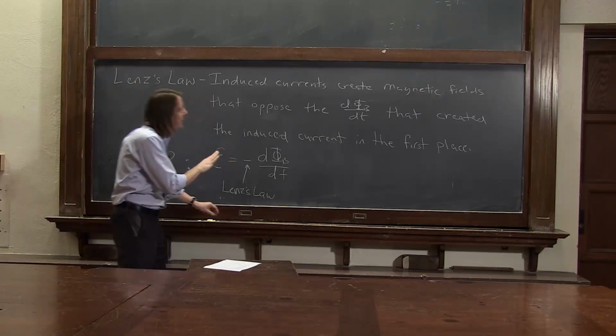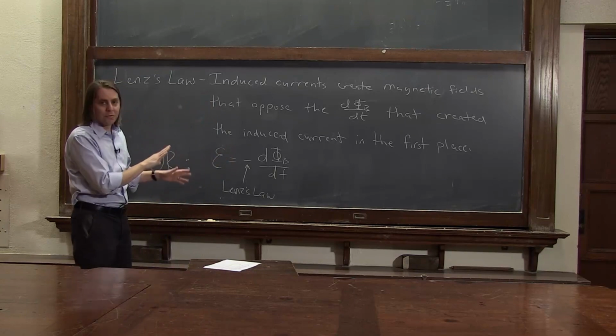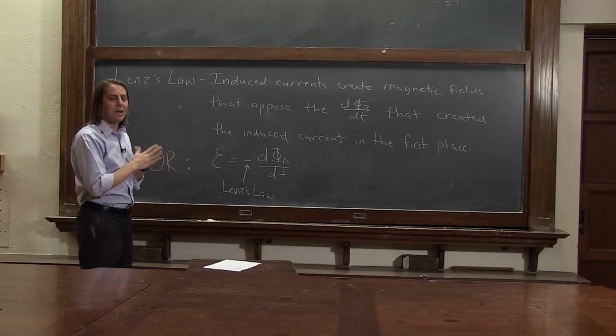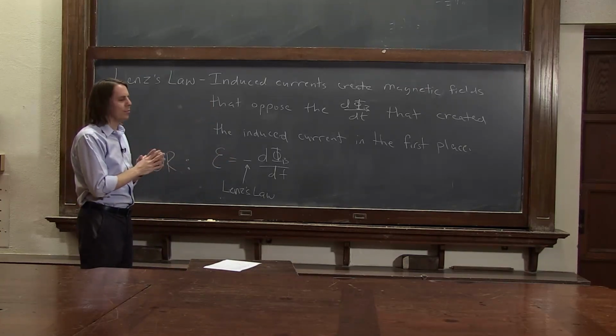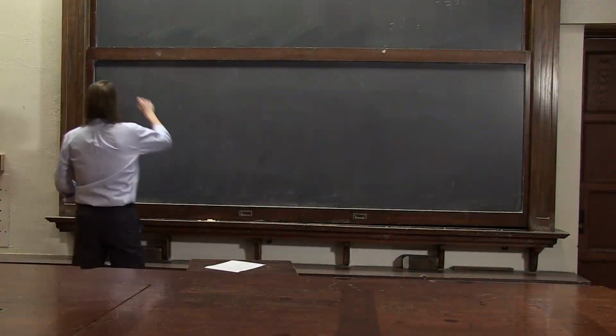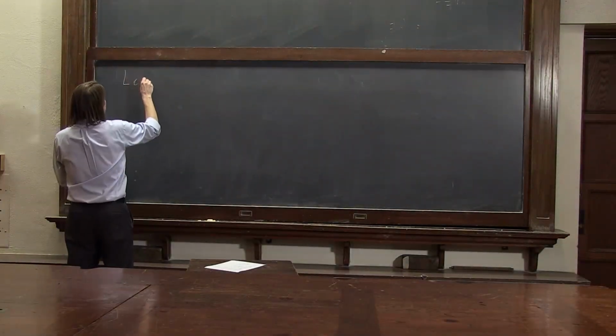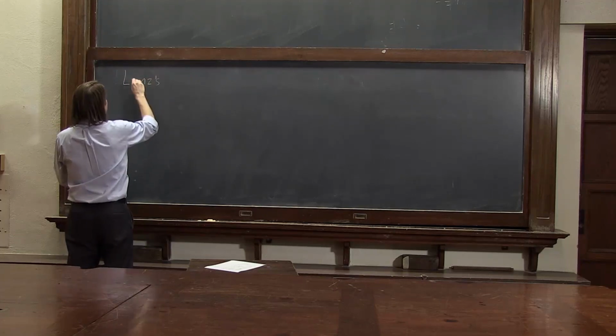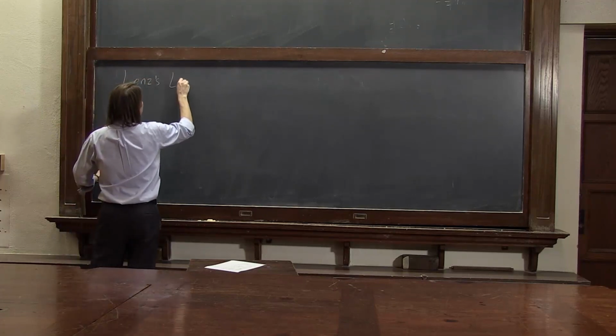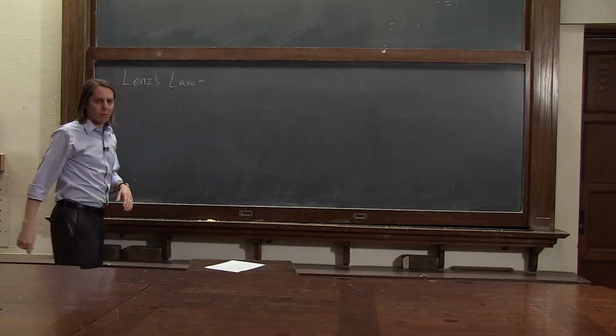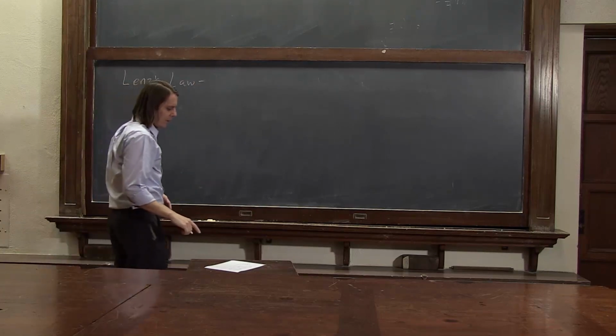And what we're going to do now is show you how it's useful. Lenz's law is actually extremely useful in a lot of situations. We'll go through a few of those. Here is the freshman physics definition, meaning the definition that's useful if you're doing homework problems, of Lenz's law.